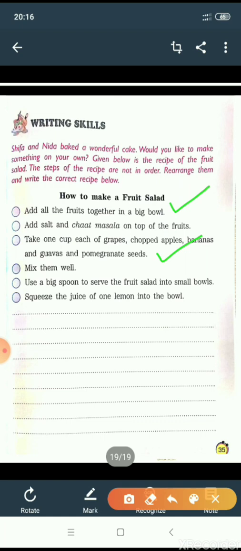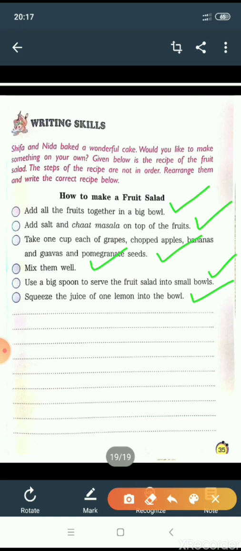Third one is add salt and chaat masala on top of the fruits. Then the next one is squeeze the juice of 1 lemon into the bowl. Then mix them well. The next is use a big spoon to serve the fruit salad into small bowls.